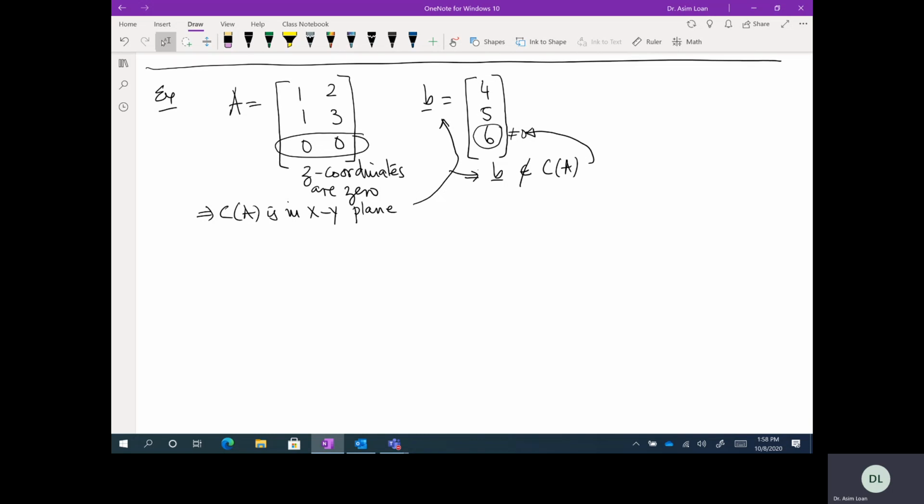So the projection of B onto the xy plane would be to make this number 0. That should be P. So we know P should be 4, 5, and 0. Let's see whether we get this one or not. Since B does not belong, AX equal to B has no solution.